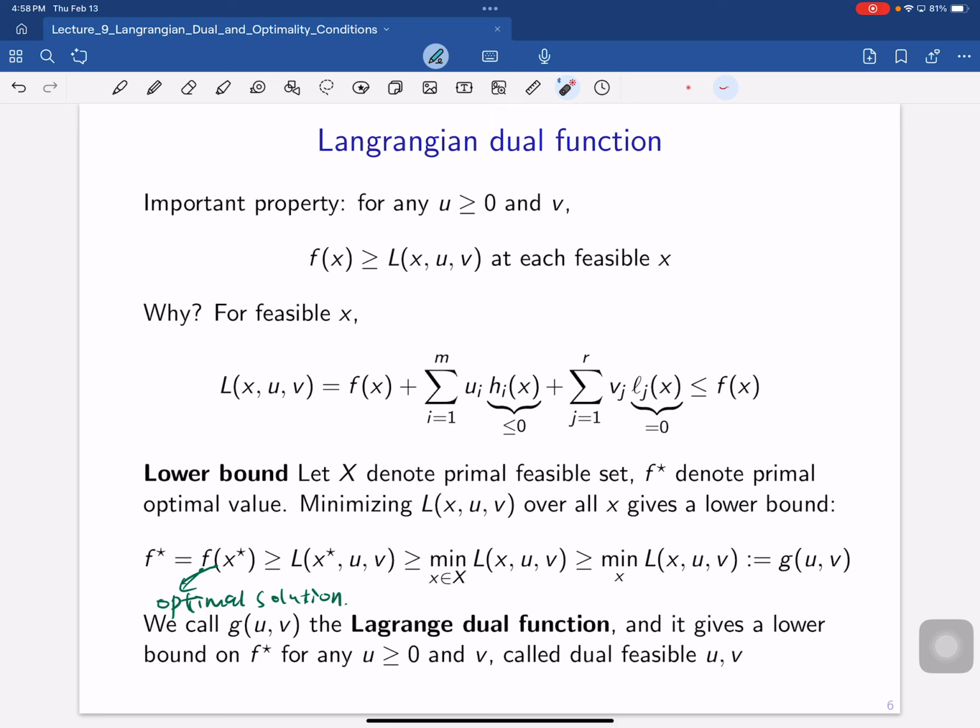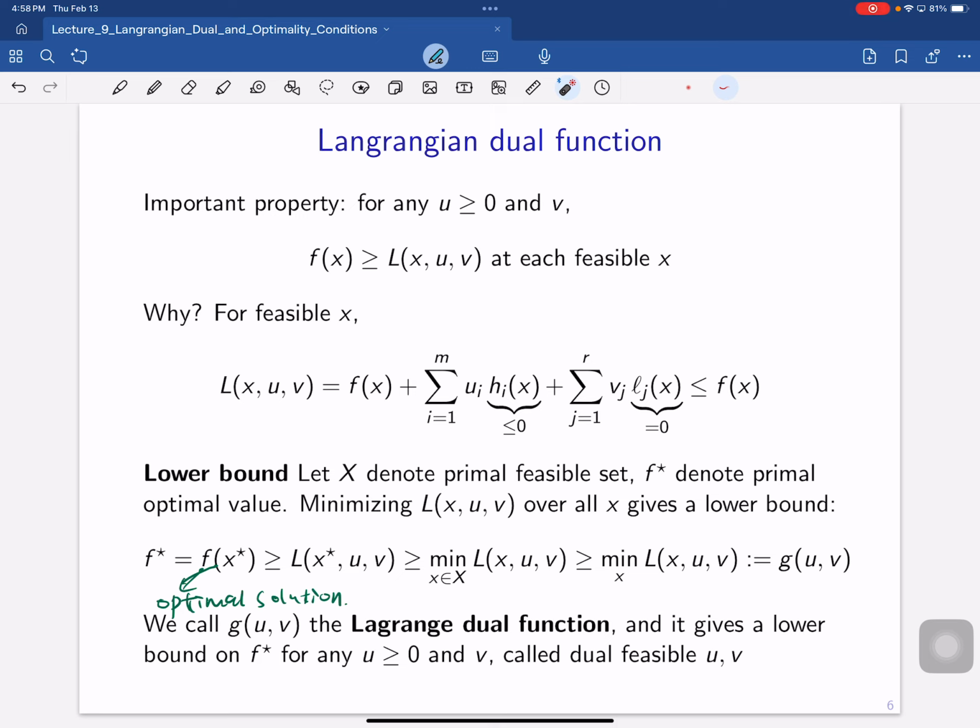Now the second inequality is saying it is greater than or equal to minimizing over x belonging to the feasible region of L of x, u, v. Why does the second inequality hold? Because it's minimum.